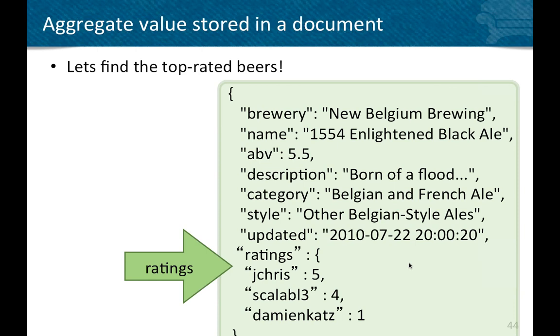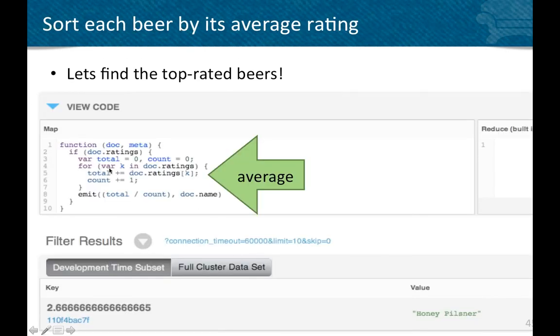Another great, really popular pattern is a leaderboard. Finding the top rated beers in this case, or you could find the players who have the most wins. In this case, we've stuck the ratings onto the beer document itself, and what we want to do is find the average rating for each beer and use that.